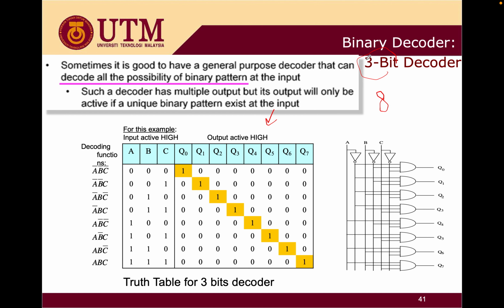You can see here, 8 possibilities. You're going to have 8 outputs there. 2 to the power of 3 is 8. 3 inputs, 8 outputs. You're only going to have 1 output active at a certain input.